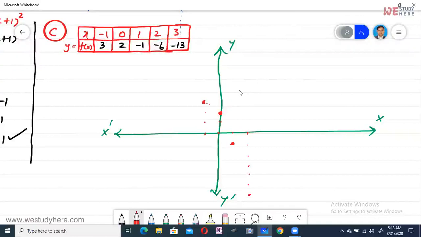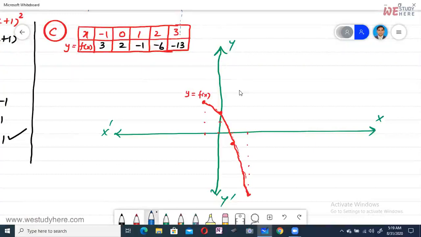Now from these points we can draw the curve. That will be like this. This is the graph of y is equal to f of x.